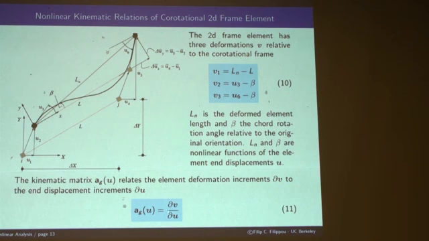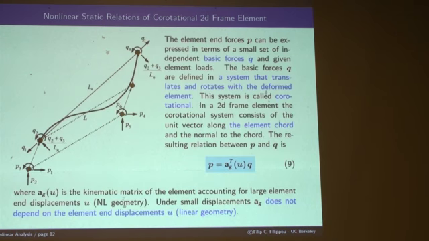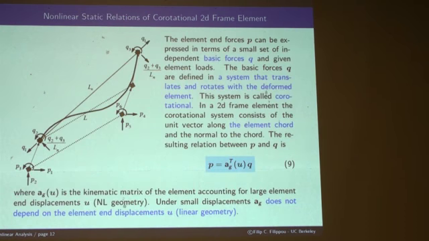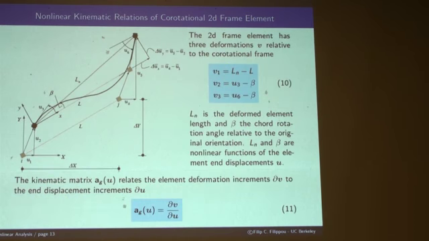When I differentiate with respect to these 6 displacements, I get exactly the same kinematic matrix. In fact, I get AG for the first time, and then when I apply virtual work, I get that equilibrium is satisfied. So this is the basis. Kinematics is always the basis. Equilibrium always follows. So I like to say in my class that the world is geometry. The world is geometry. Forces follow by energy, work principles, and stuff like that. Okay. So this is the original state. But in any case, it's nice that we have these two things.